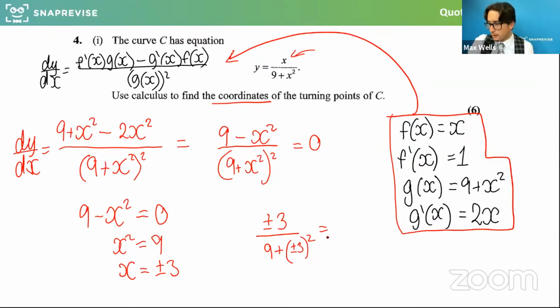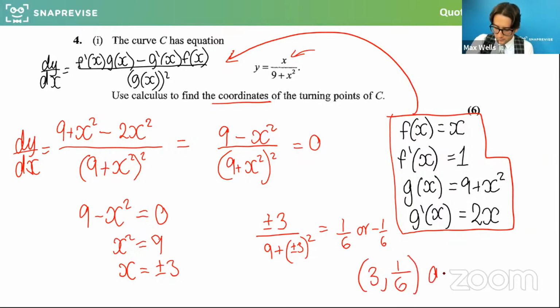So that would come out as 3 over 18, or minus 3 over 18. And so what we'd get is 1/6 or minus a sixth if we plugged 3 back in. So the coordinates of the turning points are (3, 1/6) and (-3, -1/6).